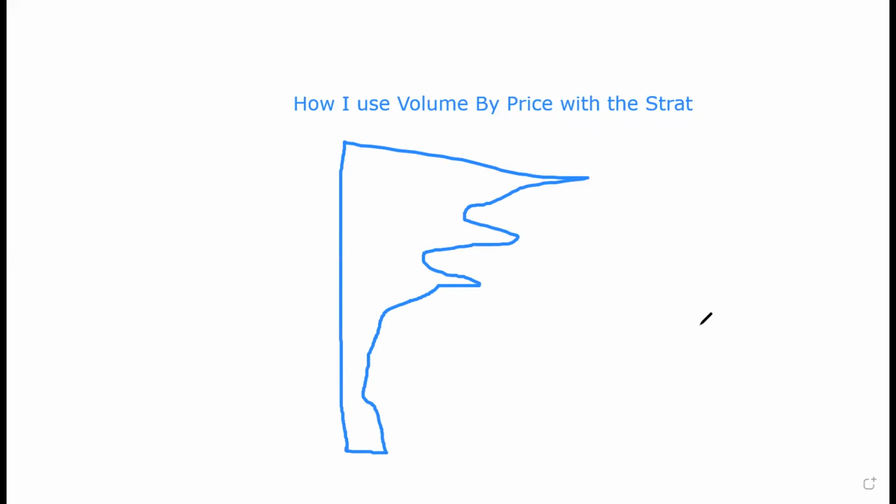And this point of control, basically when you put volume by price on your chart, it's the price level for the time period with the highest traded volume.